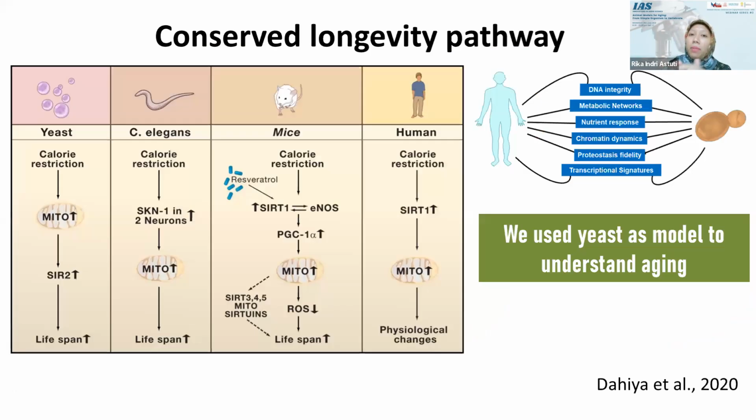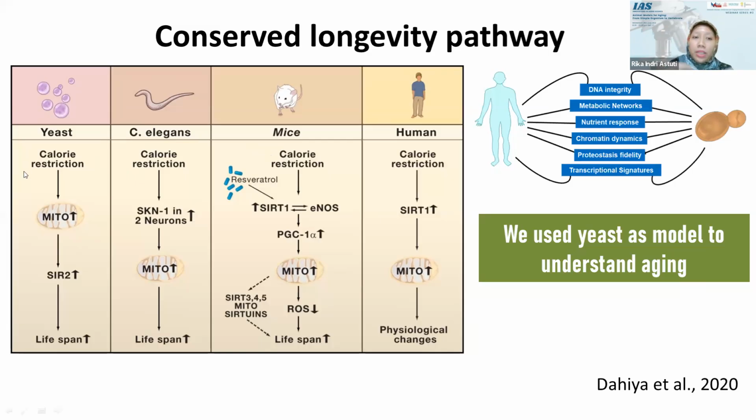When we talk about aging, or contrarily longevity, the pathway that occurs in yeast and in other model organisms here, like C. elegans and mice, is somewhat conserved. This is quite a simplified pathway. Once again, aging, longevity, or increase of lifespan is a very complex system.